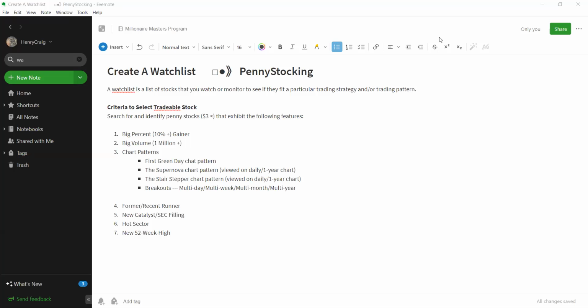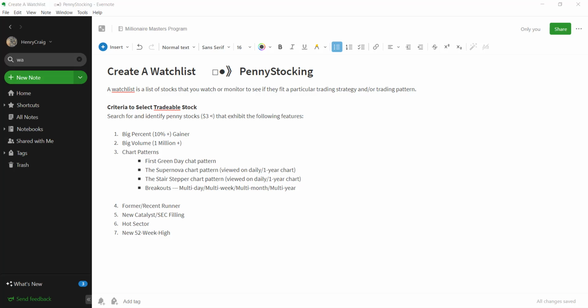When creating a watch list, it is essential to use a stock screener that is effective at locating sub-penny stocks. I prefer to use Stocks to Trade and eTrade as my trading platform, stock screening tools, and charting.